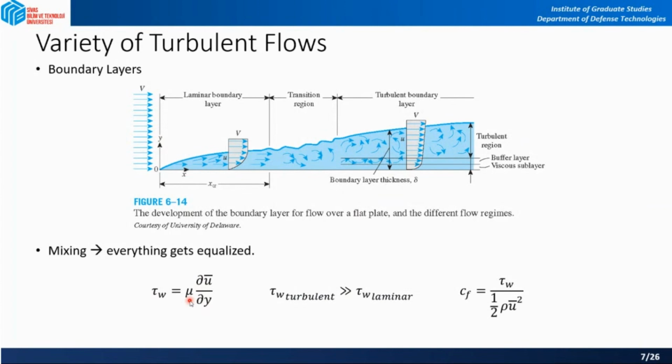So what's the physical reason that the velocity profile of turbulent flow is not similar to the profile of laminar flow? Can anyone answer me? Can anyone say that because of this physical reason, these profiles are different?